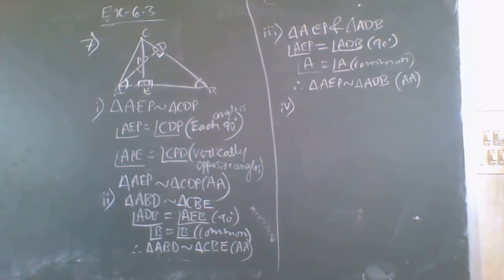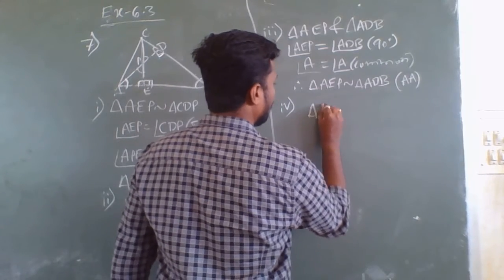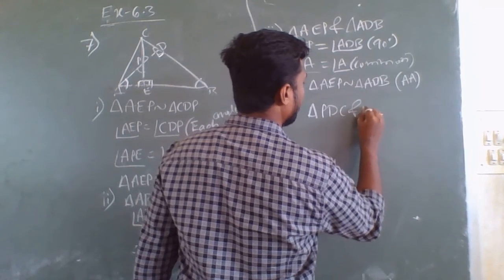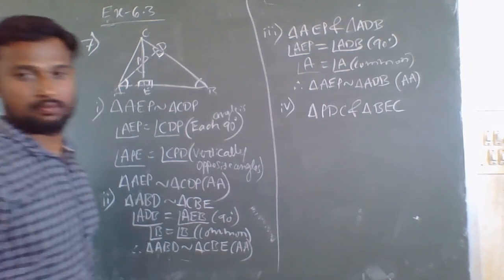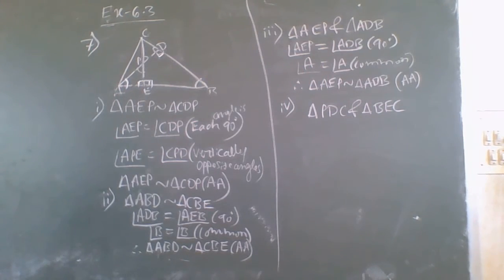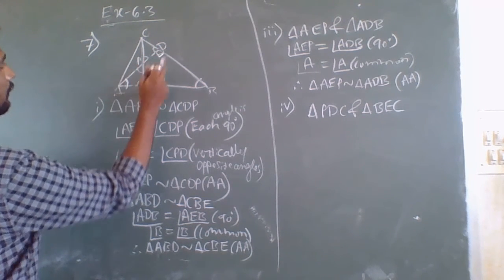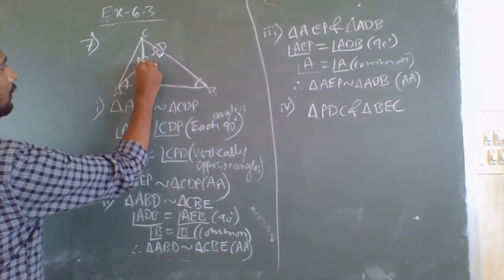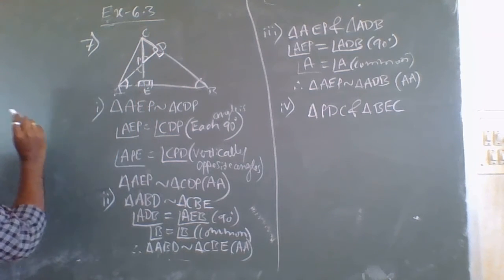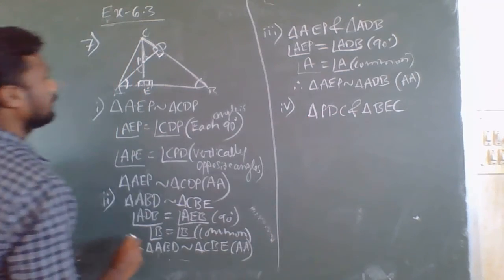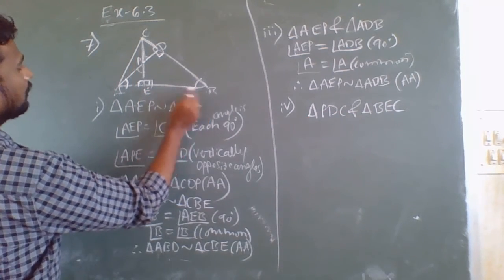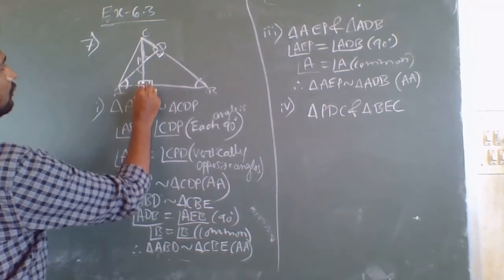PDC means this triangle, and BEC means this triangle.